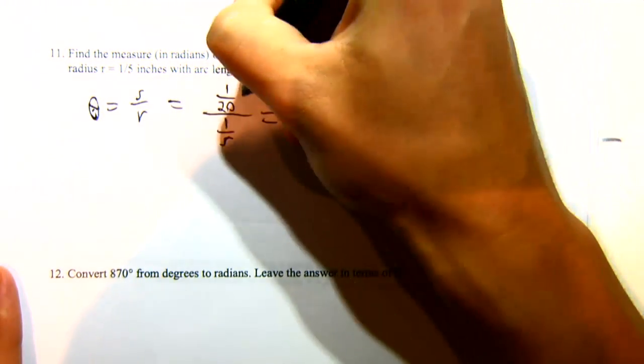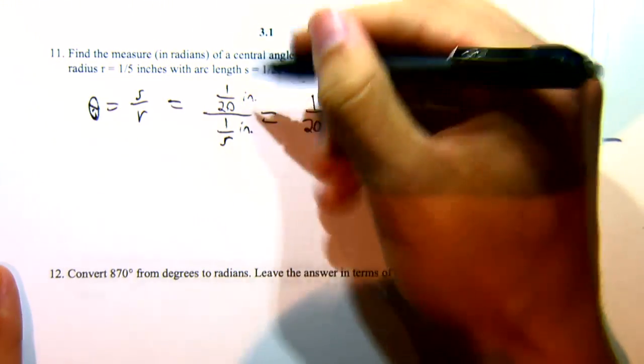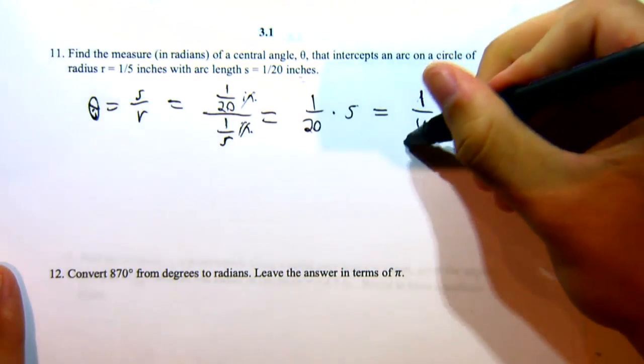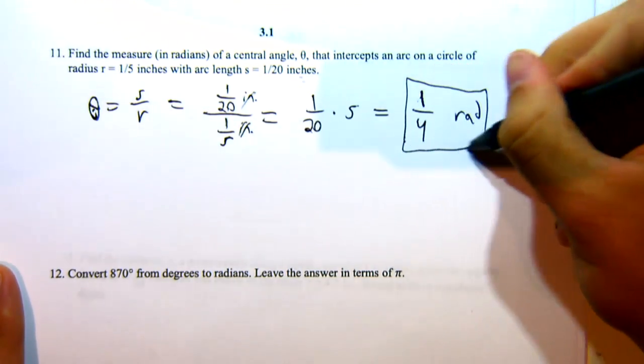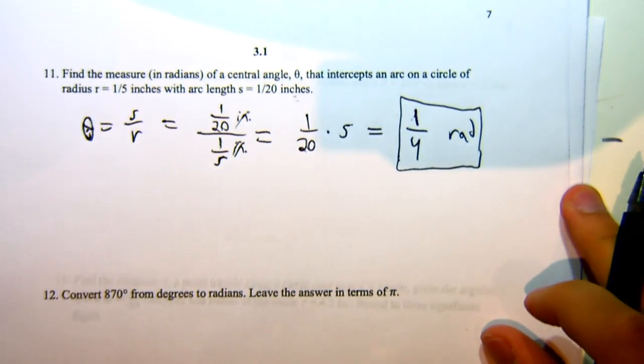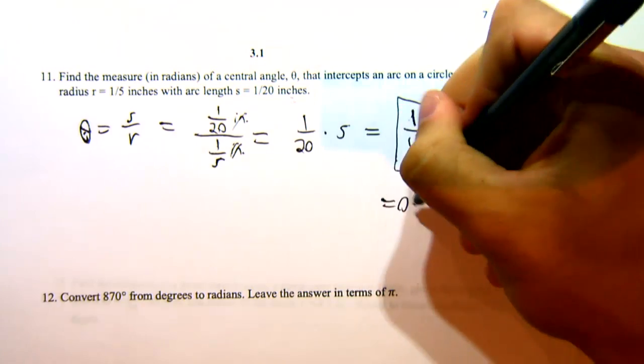Since this was actually inches, and those inches just end up canceling, we're left with radian units. Alright, or you could write it as 0.25, it's the same thing.